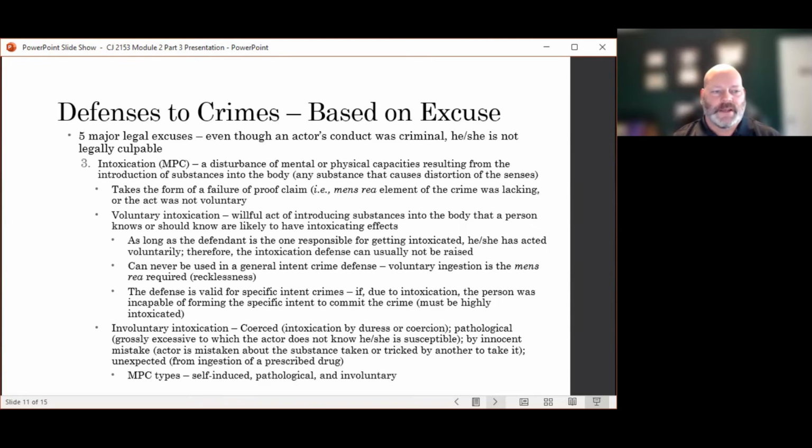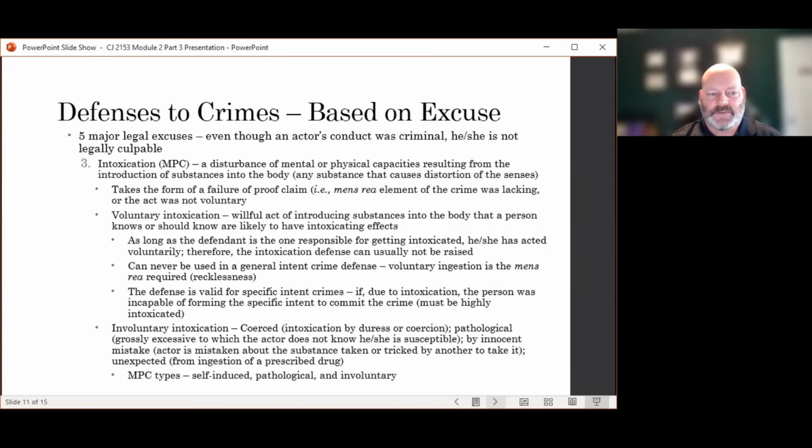Involuntary intoxication means the person is coerced, or intoxicated by duress or coercion. They're pathologically intoxicated, meaning they're grossly, excessively intoxicated, to which the actor does not know he or she is susceptible to committing a crime. A person could be involuntarily intoxicated by innocent mistake.